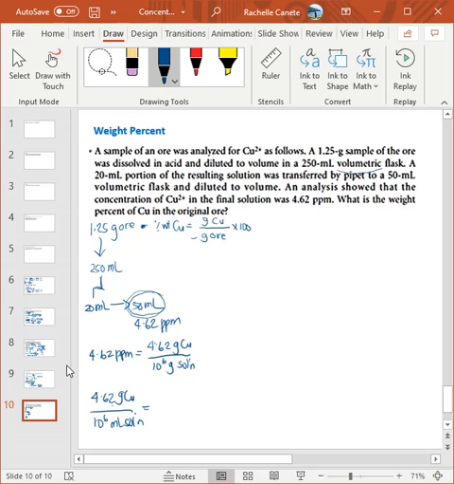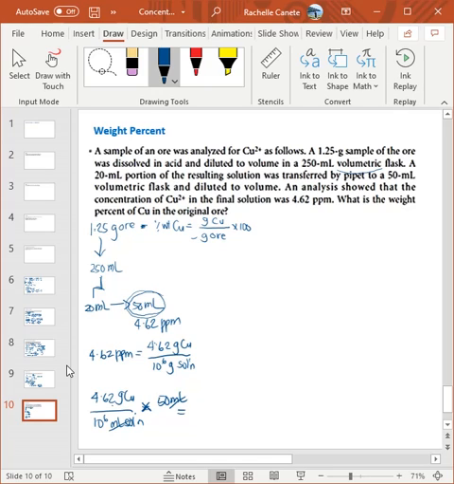So if we remove the 50 ml, if we cancel this ml, we get the mass of copper. So we will get the mass of copper present here: 4.62 times 50 divided by 10 to the 6.